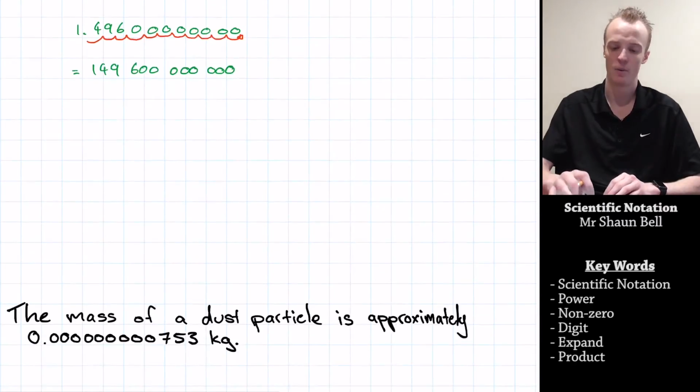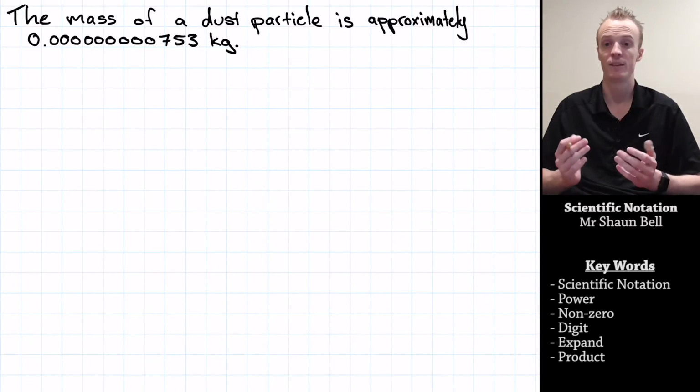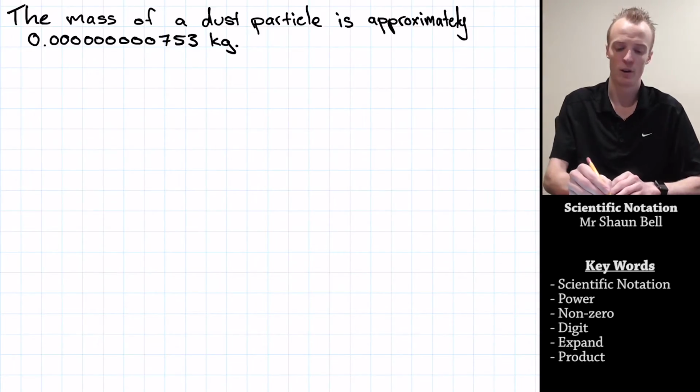So let's have a look at what happens when we've got a really small number, such as the mass of a dust particle. Well, if we follow our steps, we first put the decimal after the first non-zero digit. Now in this case, we've got all these zeros at the front. So the first non-zero digit is going to be this 7.